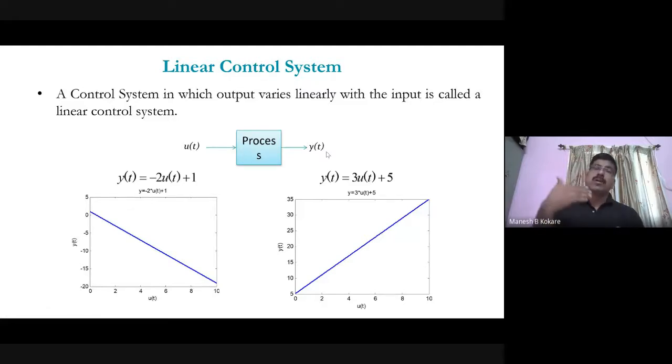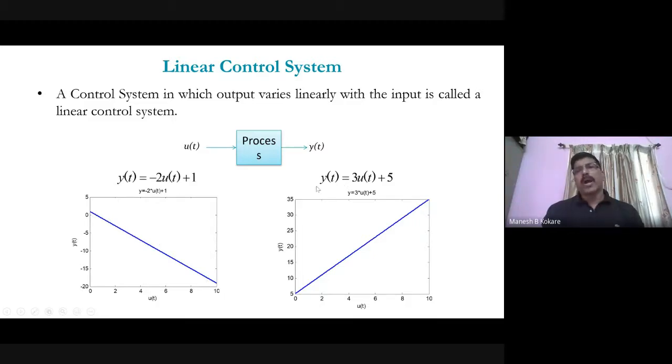So your output is basically linear, whether it is increasing in nature or decreasing in nature. See that this is the linear system which is decreasing, like y of t is equal to minus 2 of u of t plus 1. So this output decreases with increasing u of t, right?